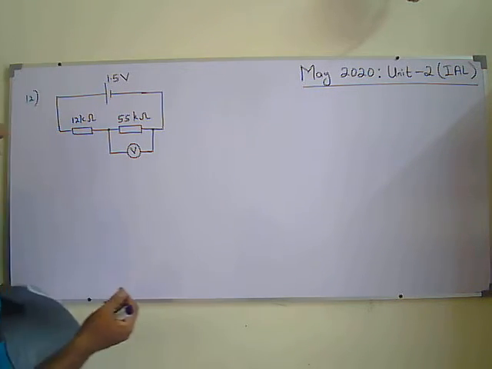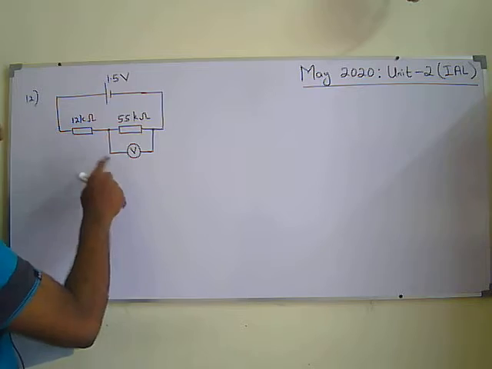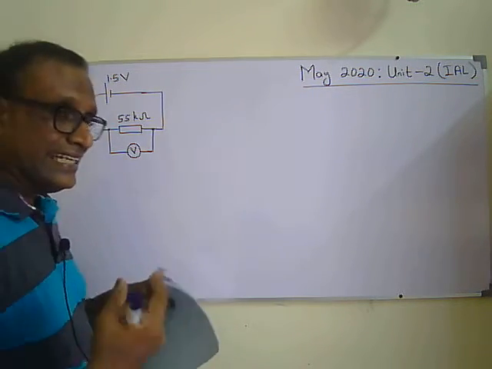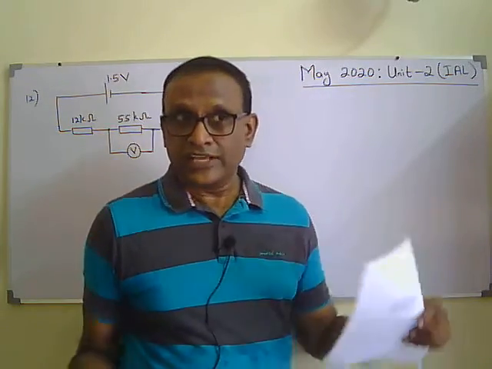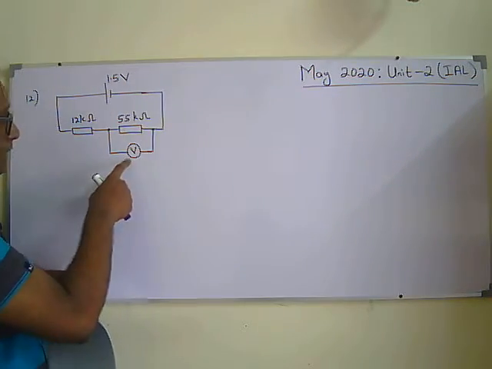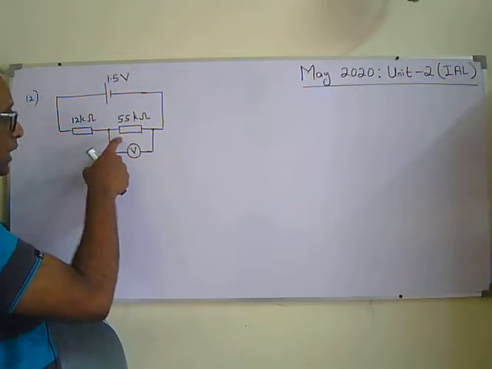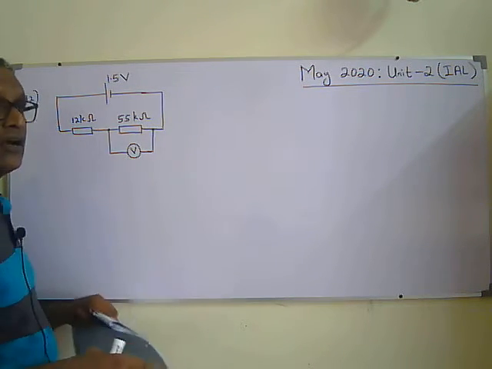So I can use the potential divider method, because normally we assume there is no current flow through the voltmeter and the internal resistance of the voltmeter is very large. So even when the voltmeter is connected across, that is parallel to 55 kilo ohm, the overall resistance will not change.